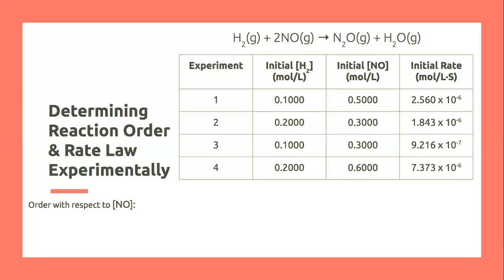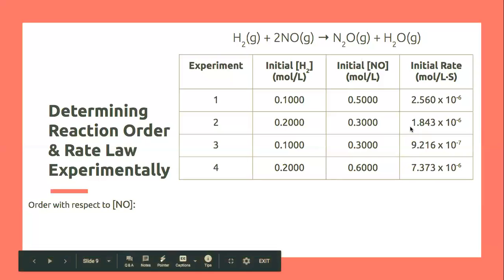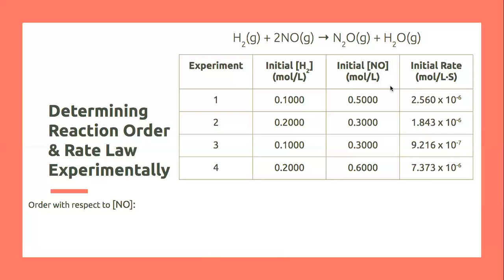So what's the first thing that we're going to do? We are going to look and see if there are 2 sets of data where we have different initial concentrations of NO, but where the concentrations of H2 are the same, because we want to be able to cross out those initial concentrations of H2 so that we've got a simpler equation to work with.